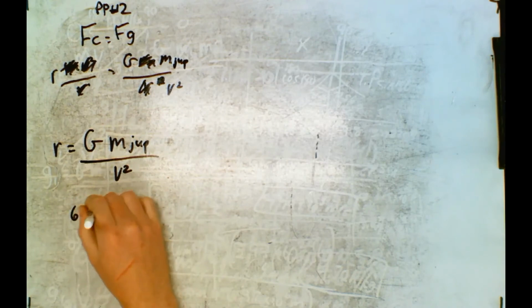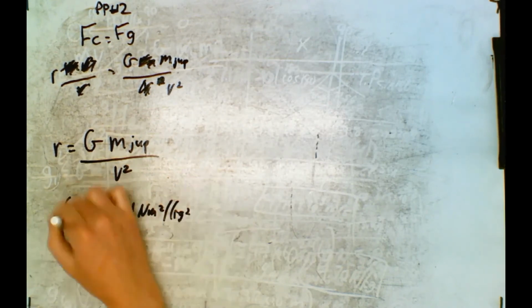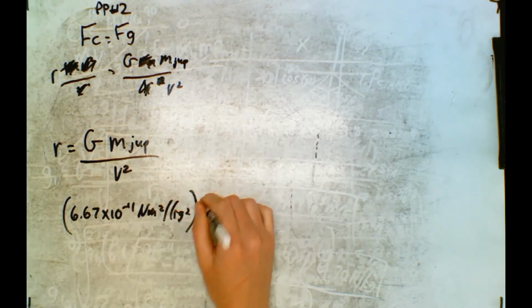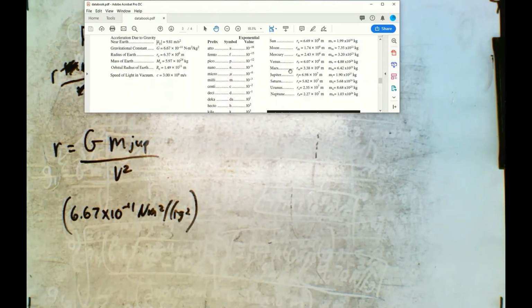So 6.67 times 10 to the negative 11 newton meters squared per kilogram squared. Mass of Jupiter. So let's get our data booklet out and find the mass of Jupiter. So the mass of Jupiter, 1.9 times 10 to the 27.